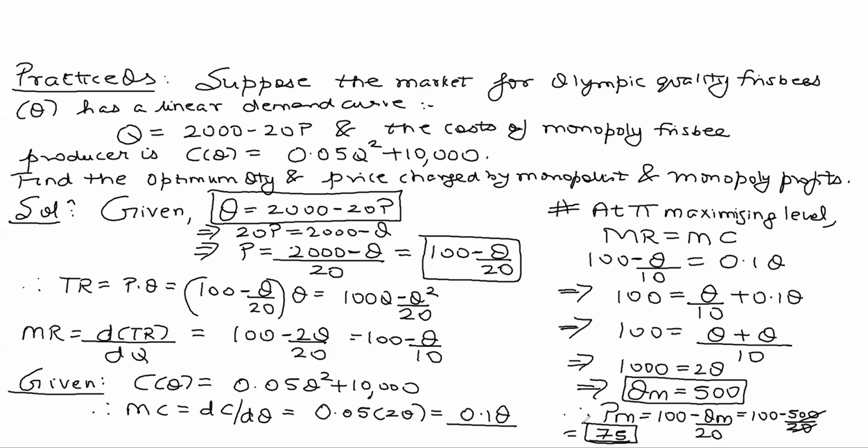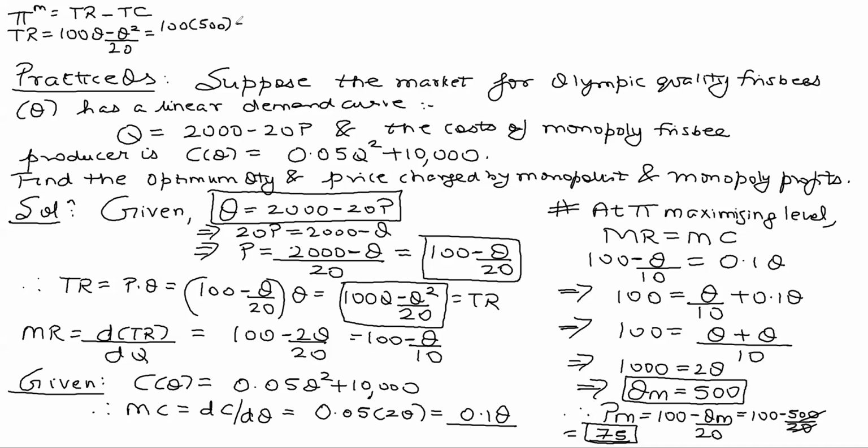Okay. And what will be the profit of the monopolist? Profit of the monopolist will be total revenue minus total cost. Now, what is the total revenue? I can write total revenue as 100Q - Q²/20. Put Q as 500 here. So this will be 100 into 500 minus 500 squared divided by 20.